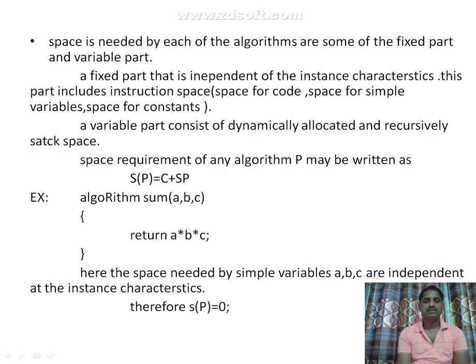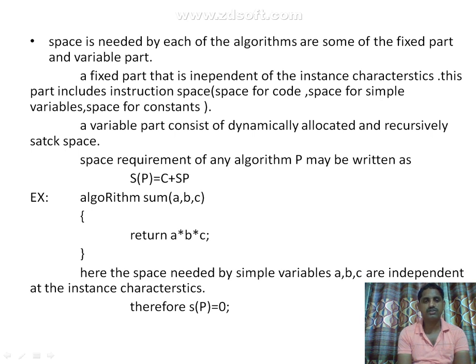See here, the space requirement of an algorithm P may be written as S(P) equal to C plus S_P. For example, algorithm Sum(A, B, C) returns A plus B plus C. Here the space needed by simple variables A, B, C is independent of the instance characteristics, therefore S_P equal to 0.